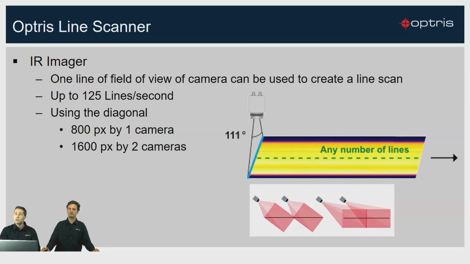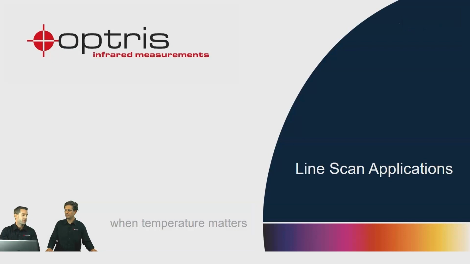This can be done up to 125 lines per second. You can also use not only one camera, you can take two cameras, and then you have a wider field of view to do the line scan. So this is just the basics about the line scan, and now we will jump right into the applications.